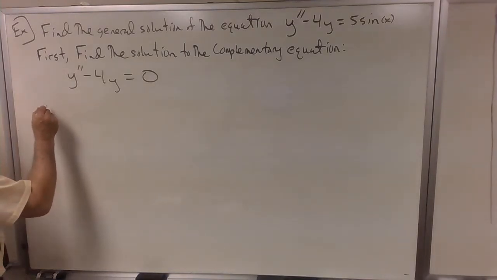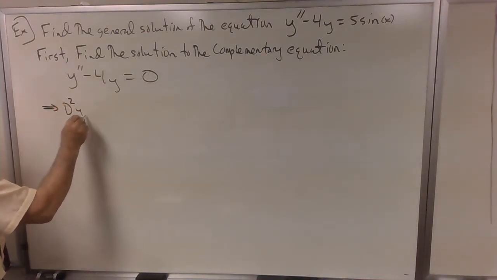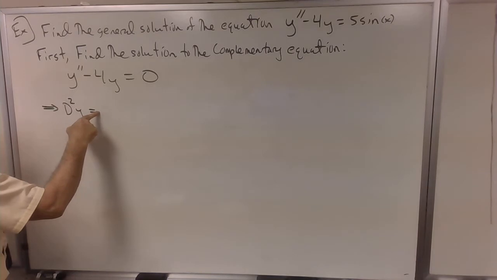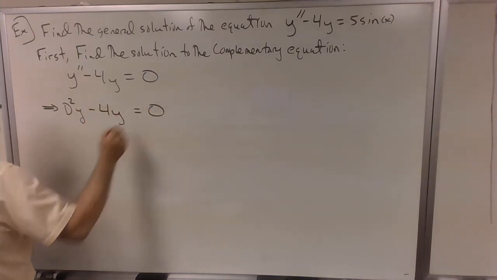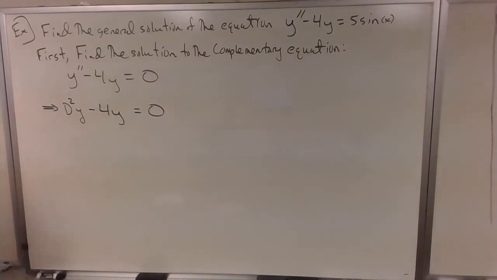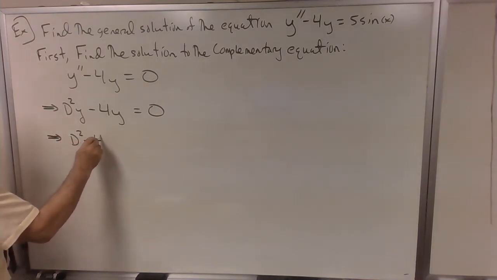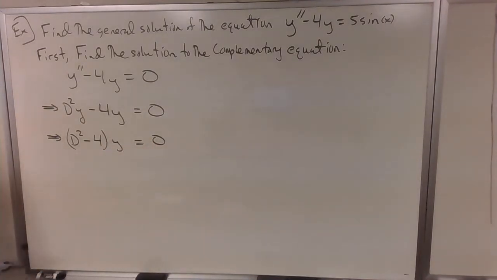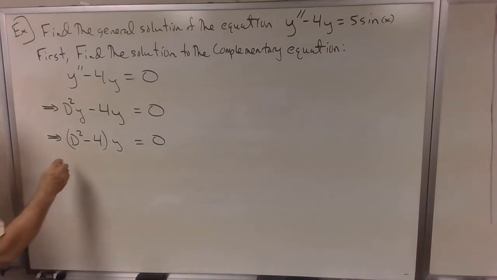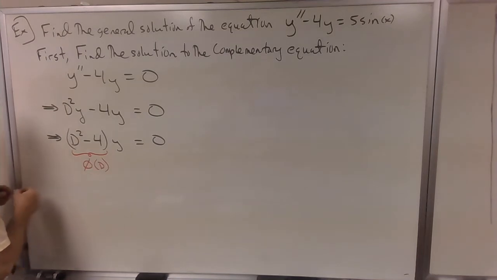First thing to do, we'll write it using operator notation. Second derivative of y minus 4y is 0. And then I'll factor out the y's. And this yields as a coefficient of y the polynomial phi of d.